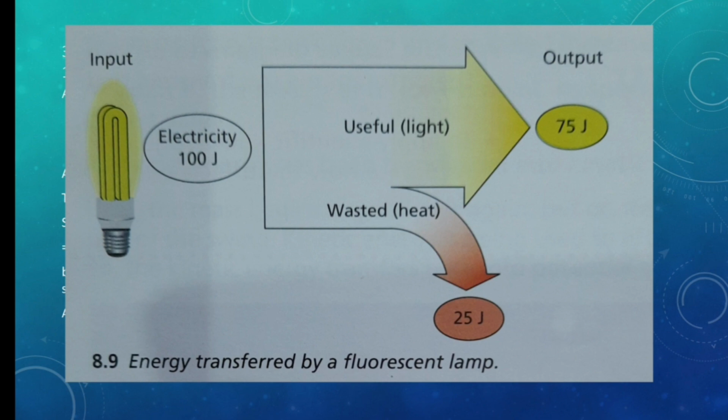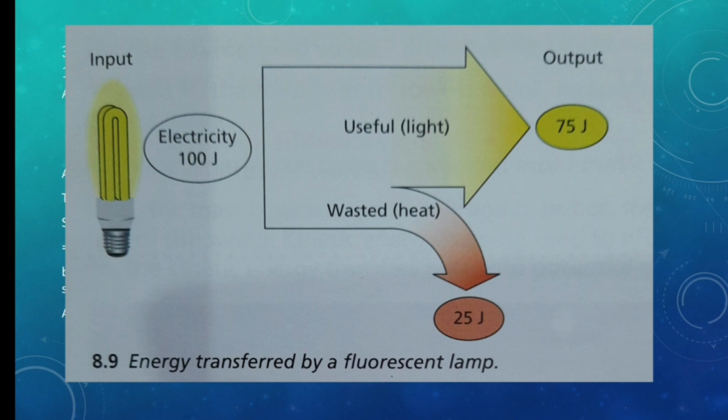By looking at the thickness of the arrow, we can understand the amount of energy in that particular section. For example, in this one, 100 joule energy is input energy, and among that 75 joule is useful for light, and then 25 joule is wasted as heat.